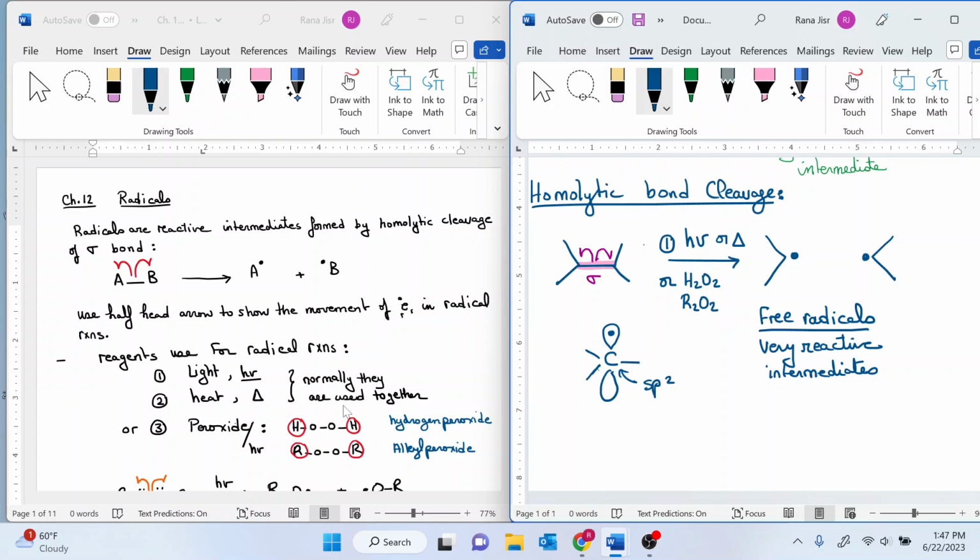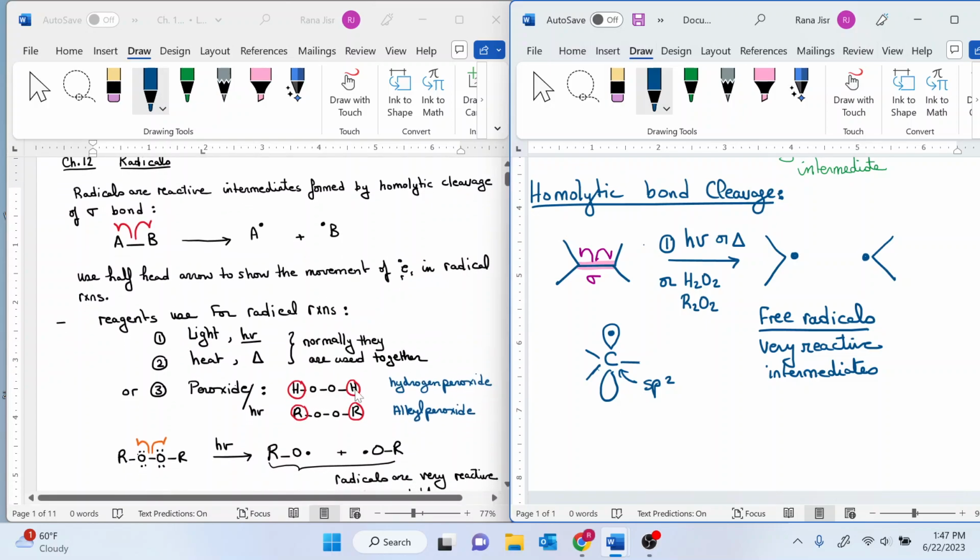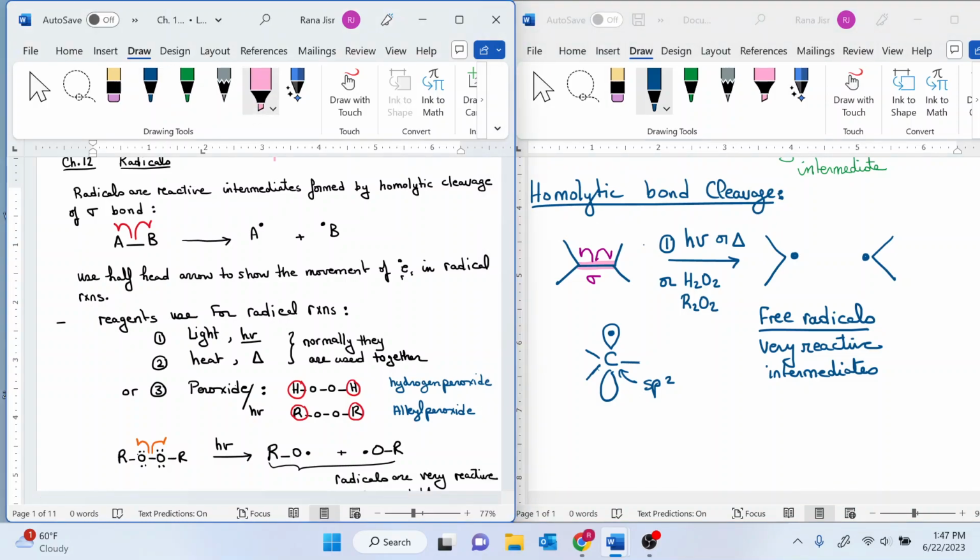This is the Lewis structure for the peroxide, and the name varies if you vary the groups that are connected to the oxygen. Now, peroxides share a sigma bond between the 2 oxygens. And that sigma bond, because it is between 2 electronegative elements, is very weak.